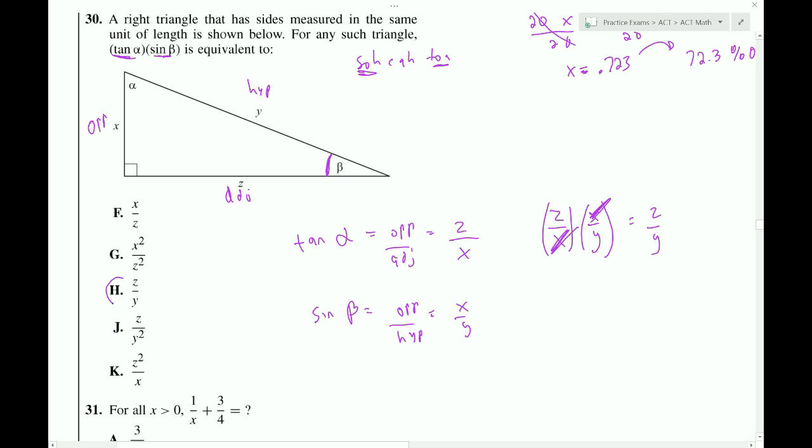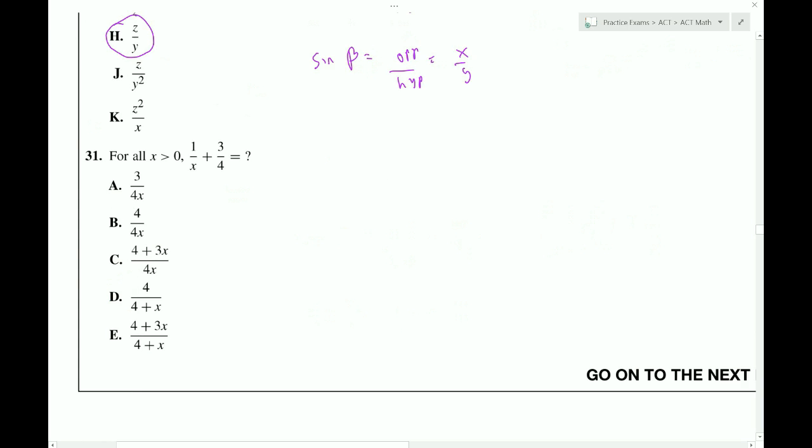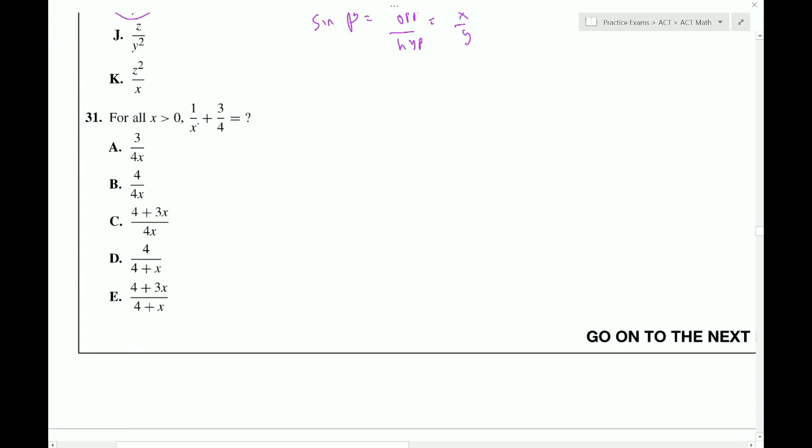For all x greater than 0, 1 over x plus 3 over 4. This is one of my favorite little tricks. When you're combining fractions that have different denominators, in particular if they're coprime, meaning they're not multiples of one another, I use my cross multiply method.